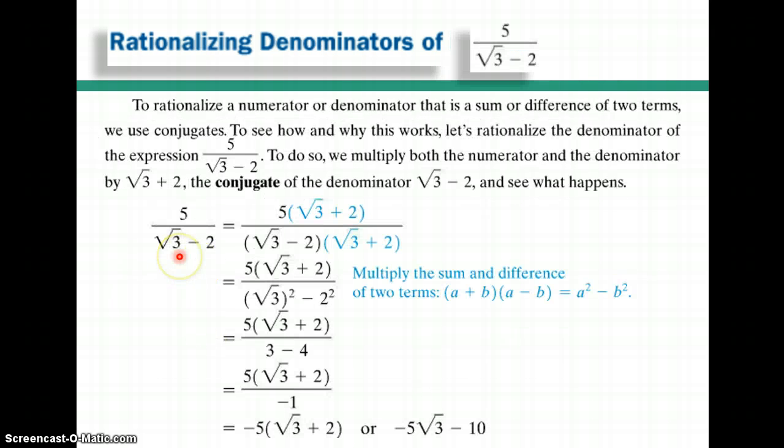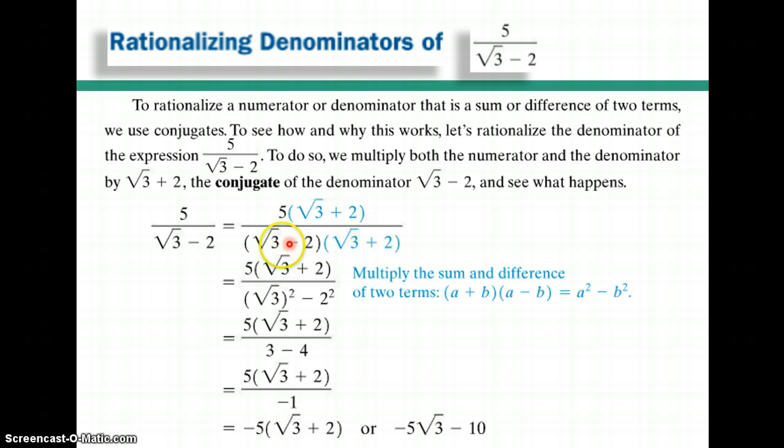To rationalize the denominator square root of 3 minus 2, we have to multiply the conjugate square root of 3 plus 2 with the numerator and square root of 3 plus 2 with the denominator. Now here in the denominator, the two expressions are the sum and difference of two terms, square root of 3 and 2. We know the sum and difference of two terms a and b equal a square minus b square.